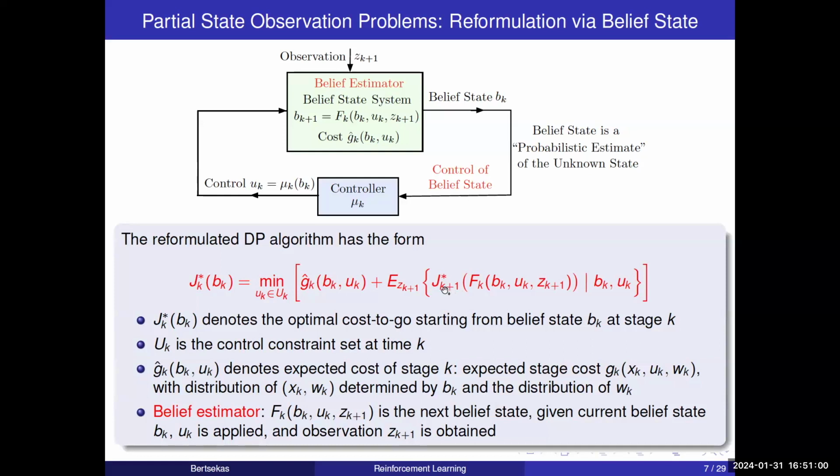It could be rollout, it could be training, it could be many different things. Once you have a J tilde trained, then with online play, it's not difficult to crank this equation forward and calculate controls. So that's the game plan as far as partial state information problems are concerned in the context of approximations and reinforcement learning. Start from a conceptual, exact point of view, and then introduce approximations to simplify the calculations.